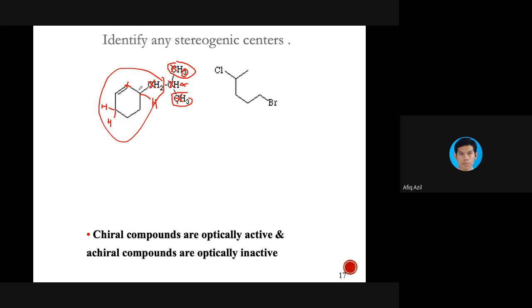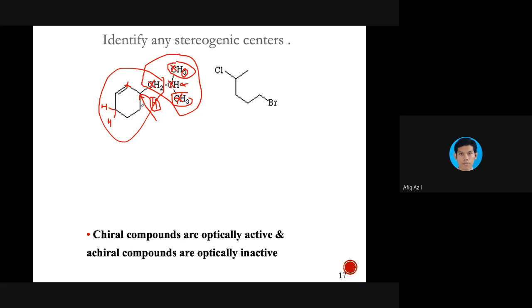Then you look back at this carbon earlier, which is this one. It is bonded to hydrogen, so this is your first group. And then the second group will be this whole thing over here, which is totally different from hydrogen.